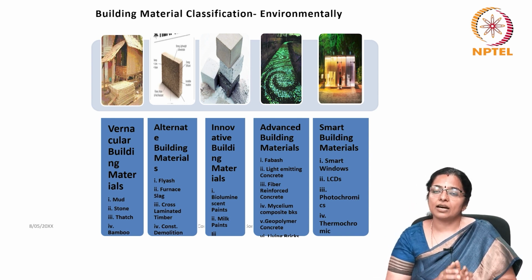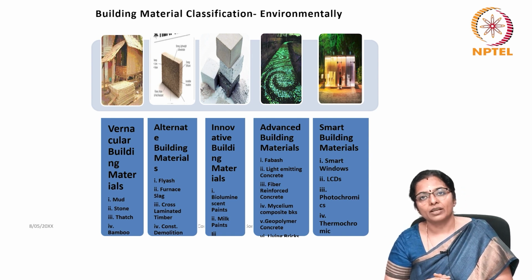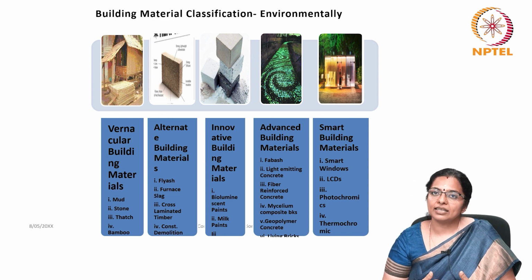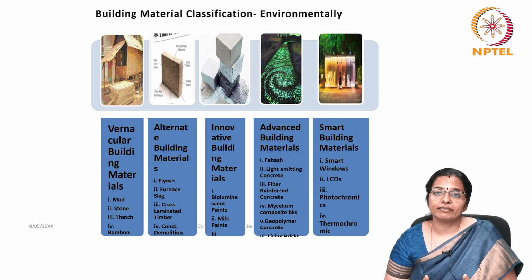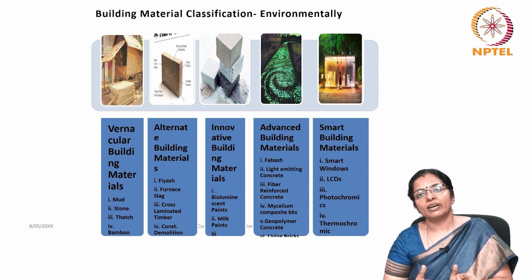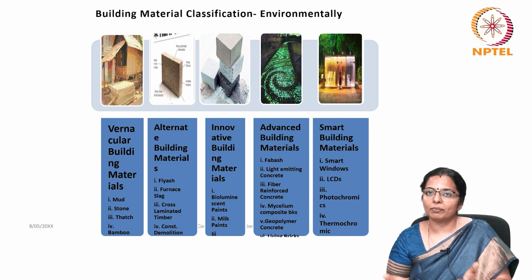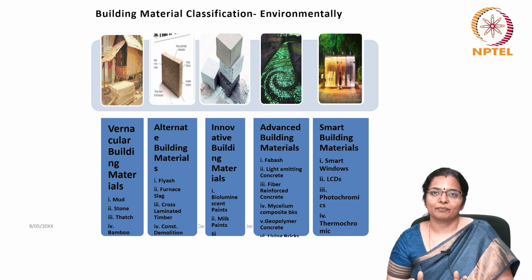Some of these materials are carbon negative, some of these materials are carbon neutral, and in order to meet the demands of the country, which says that we will lower our carbon emissions, we will go carbon neutral by 2070, it is important that we as architects and designers know about these building materials, so that we create an awareness, and in future course of time we are able to apply these materials to buildings and create a carbon neutral world.